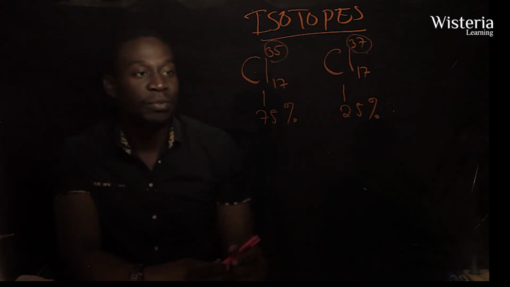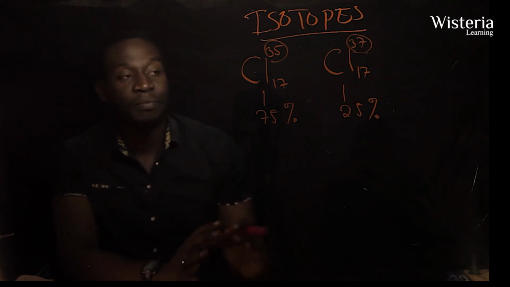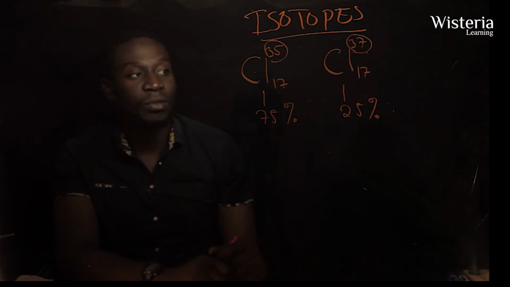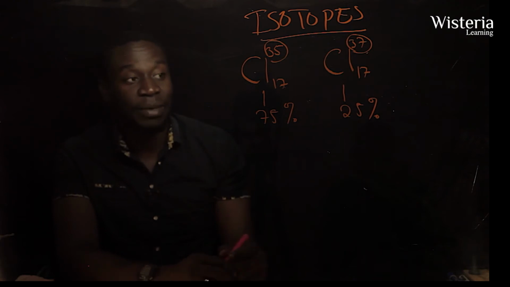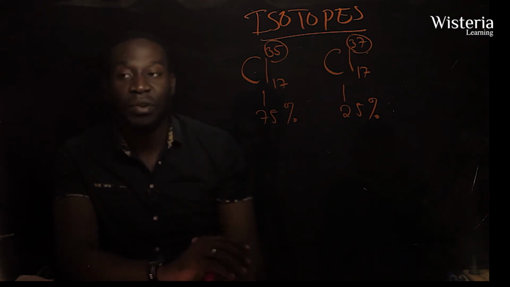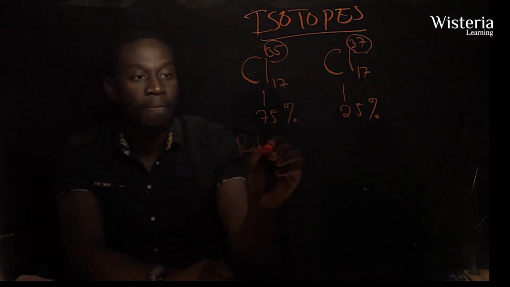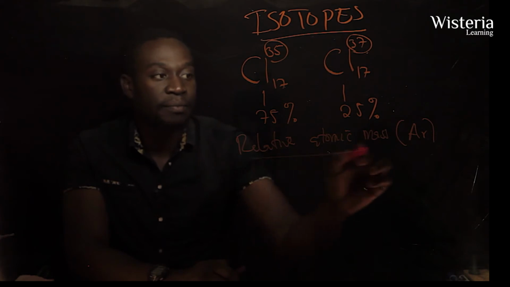So the periodic table, last time we said each atom has got two numbers: the atomic mass and also the atomic number. The atomic mass is also called the relative atomic mass of these elements, found on the periodic table of elements. Now the relative atomic mass, the symbol is a capital letter A, with a small letter r.